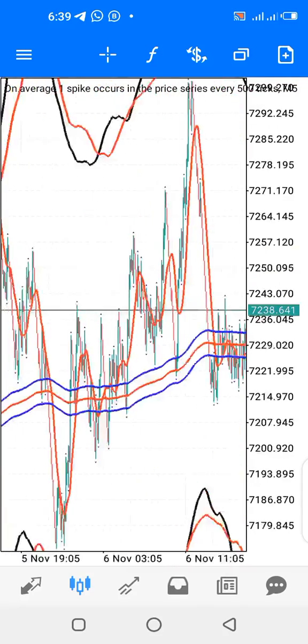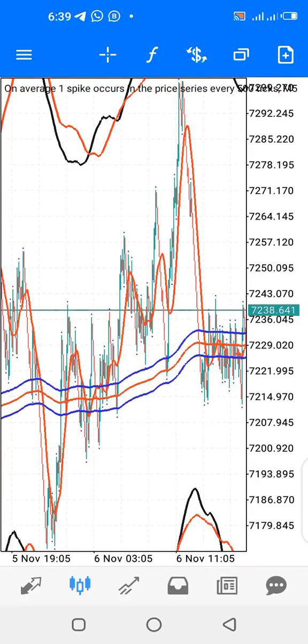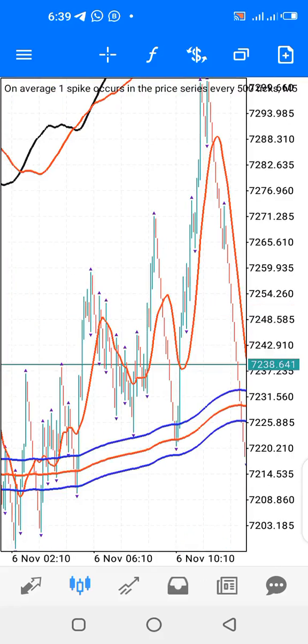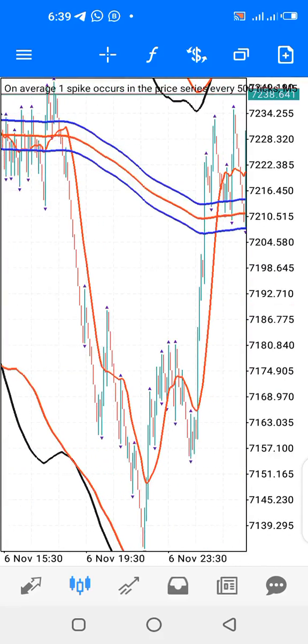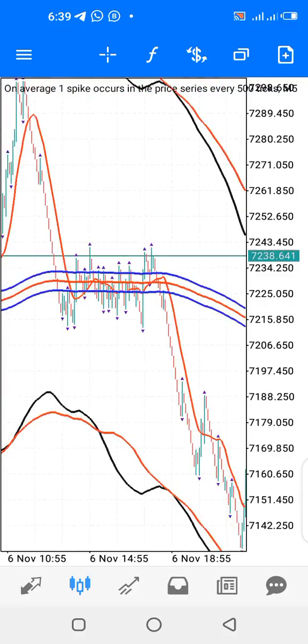The candlesticks are very, very tiny to the limit. So I'll just give it a little zoom so that I can see it a bit clearer. Just once. So that's the setting for the zoom.